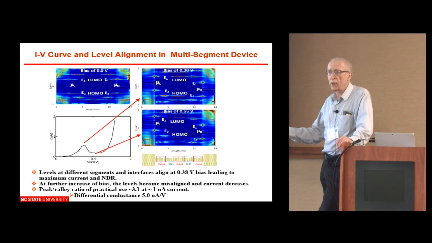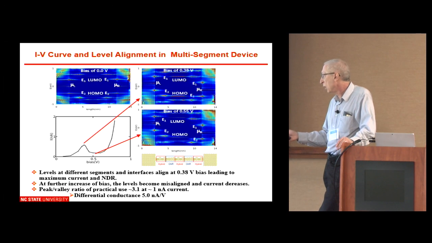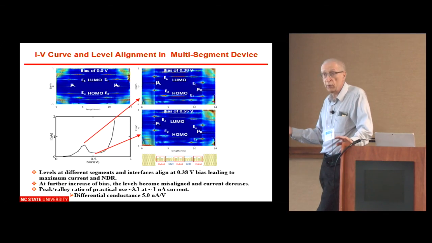They didn't talk about level alignments. They talked about tunneling through barriers. And that's kind of a classical structure. This is a confined nano quantum structure, and it works. So we've actually submitted that.